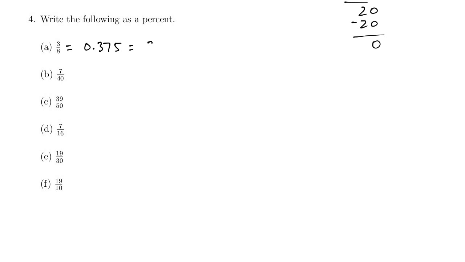So that will become 37.5%. Okay, for part B here, we have 7 over 40. Divide 40 into 7, we get 0.175. Okay. Move the decimal point 2 places to the right, so that becomes 17.5%.